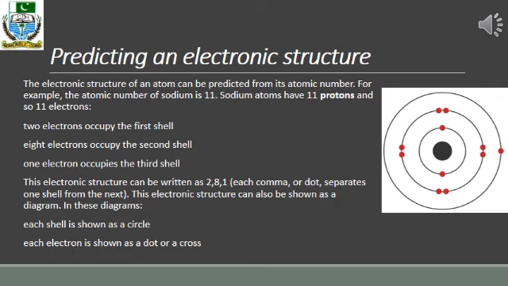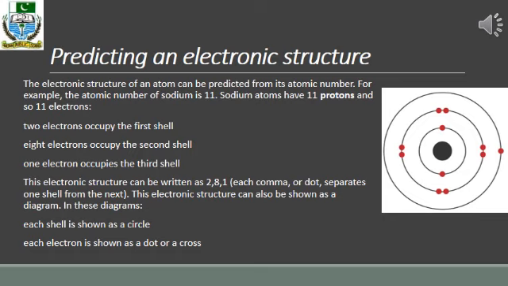10 electrons are arranged in the first 2 shells, and only 1 is remaining, the 11th electron, which will move to the third shell. If you have to write the electronic configuration of sodium, we will write it as 2, 8, 1.